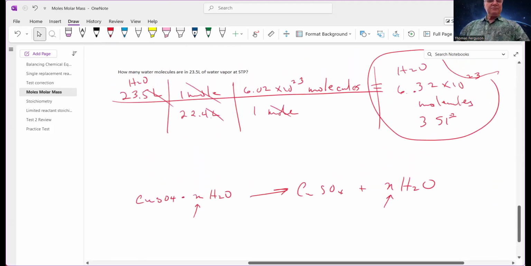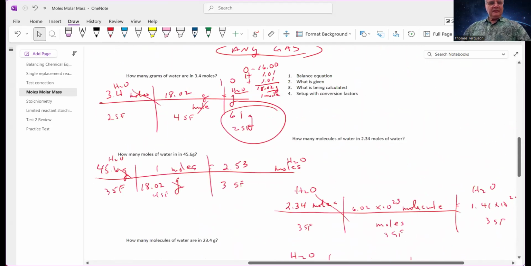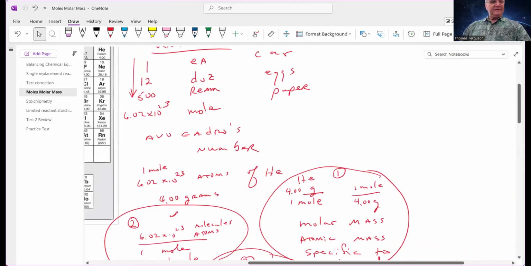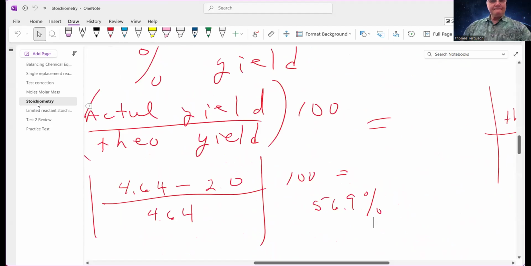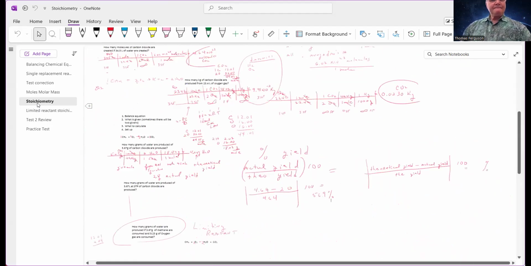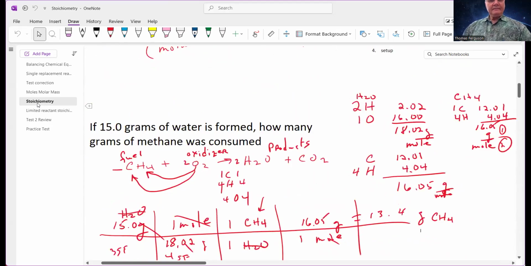Okay, so that's what we're going to be doing tomorrow. Let me show you what a typical stoichiometry problem looks like. All right, 15 grams of water is formed. How many grams of methane are consumed? Now we have a chemical reaction.